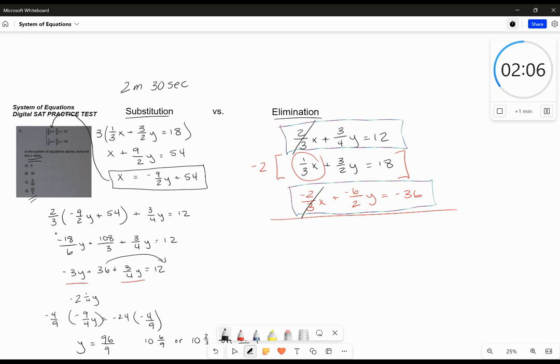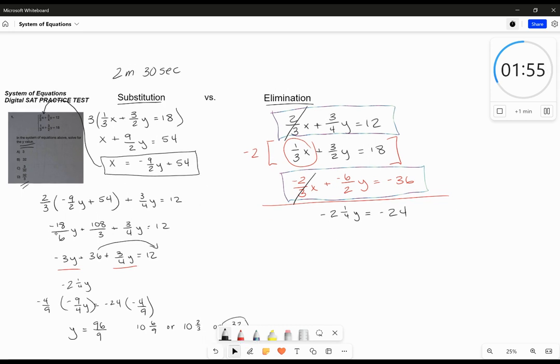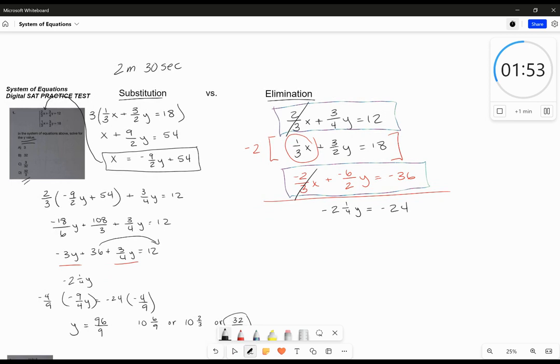Then this is negative 3y plus 3/4, which would be negative 2 1/4 y equals negative 24. So already I am at this step that quickly. And same way you would solve it, I guess you would change it to negative 9/4 y equals negative 24.